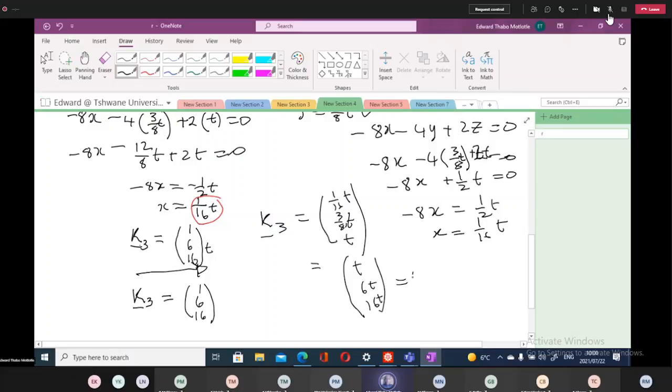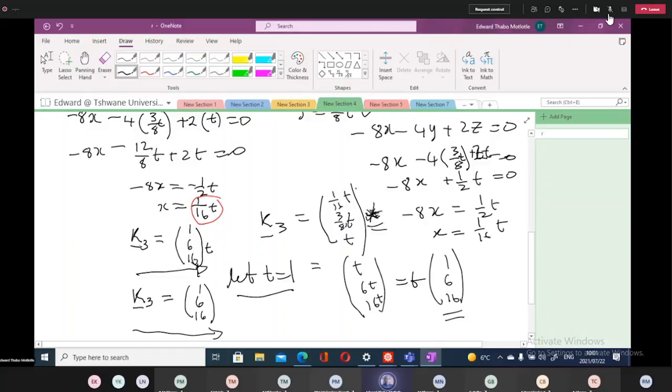So you take t out as a common factor, you end up with 1, 6, and 16. This is correct. You can end up here. There's nothing wrong with that. This is just to simplify, okay? And then to move to this one, I have let t to be equals to 1, okay? That's what I did exactly.